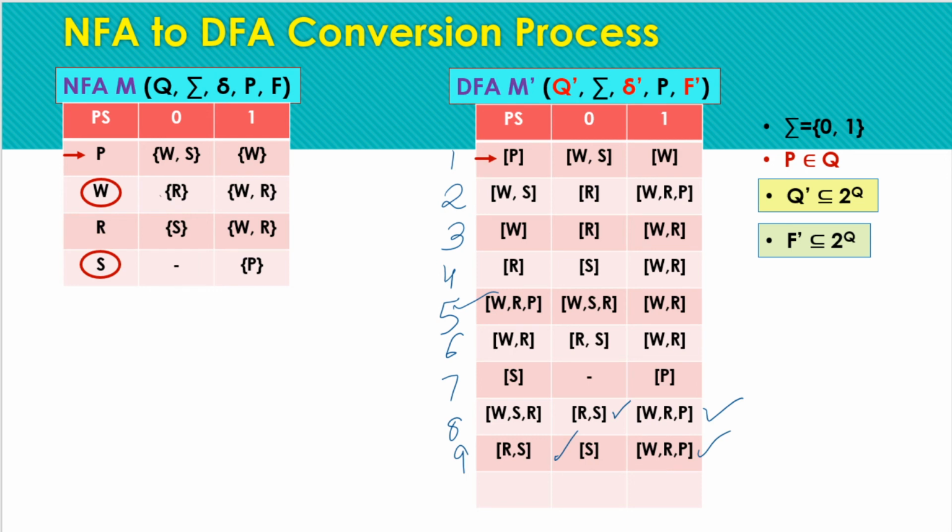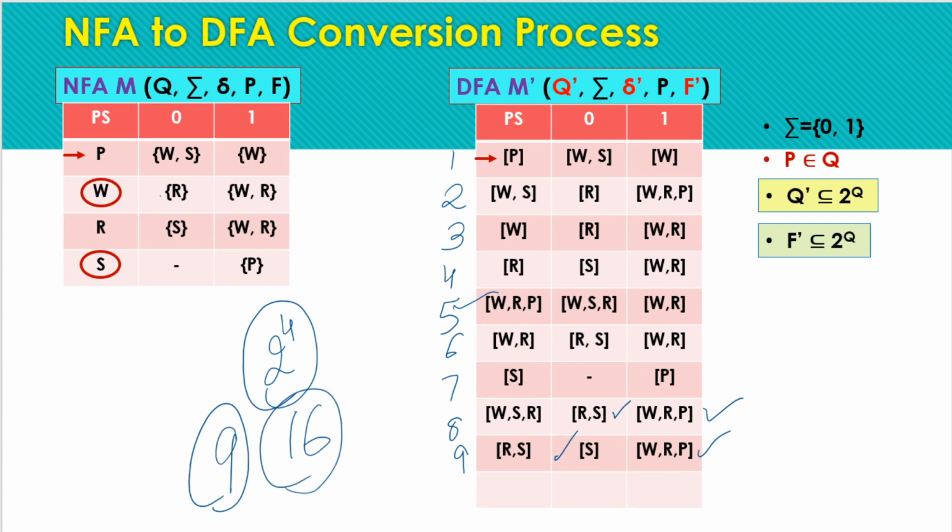Okay, we were saying that we can have 16 states in the resulting DFA, which means out of 16 we have identified 9 states. By 9 states we mean we have only 9 useful states out of the 16 states for the equivalent DFA.